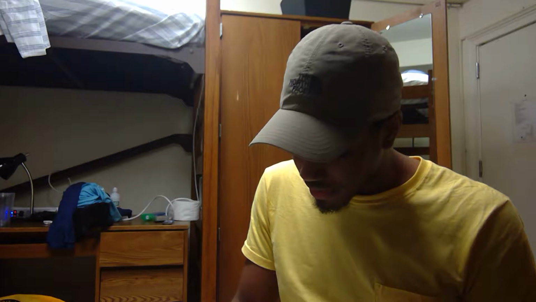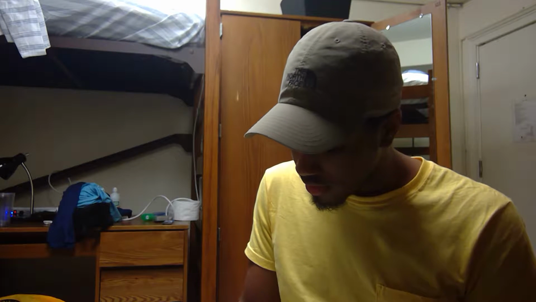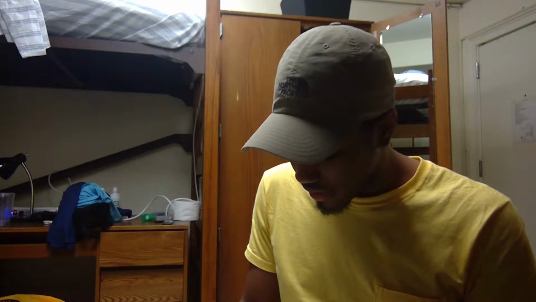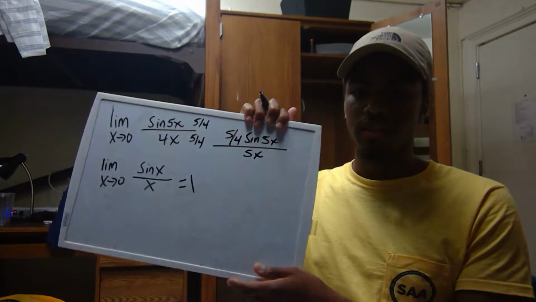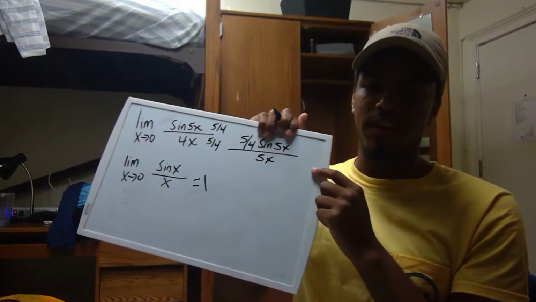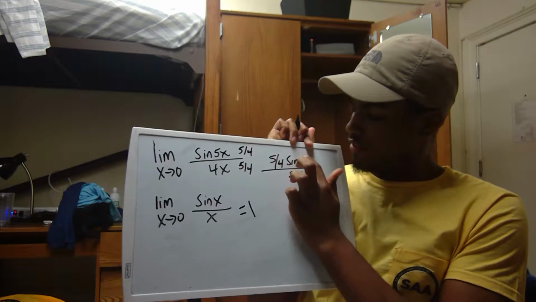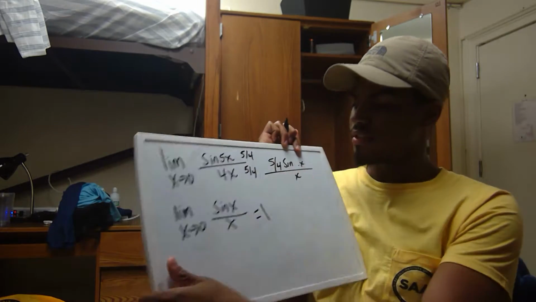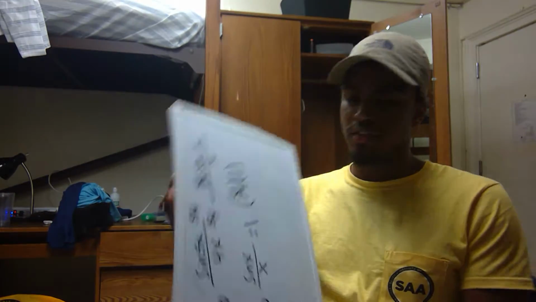And what you end up getting is 5 over 4 sine of 5x over 5x. And it looks like this. So then sine 5x over 5x, we can take these 5's away right here, and now we have sine x over x. So now we have 5 over 4 times 1.